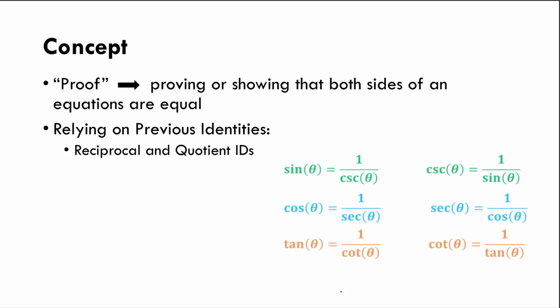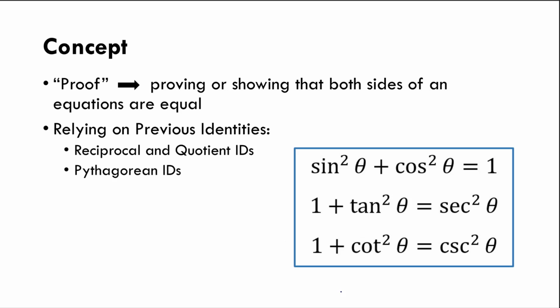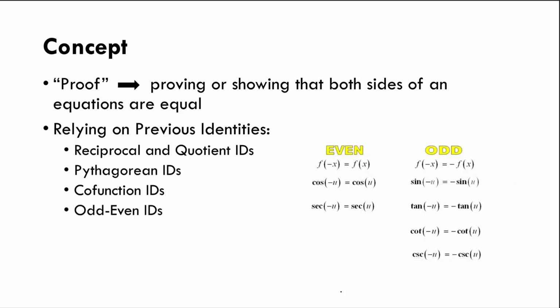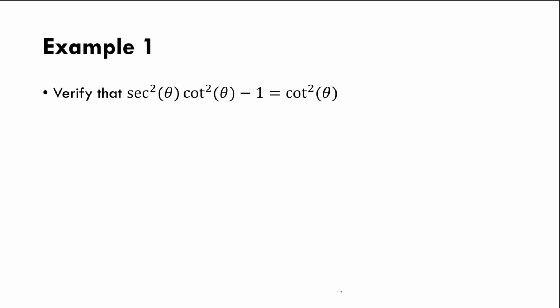Those identities include our reciprocal and quotient identities, our Pythagorean identities, our cofunction identities, and our odd and even identities. So if you don't understand those identities, make sure you go back and have a look. Make sure you completely understand what these identities mean, because that's what we're going to be using as our basis for today. So let's jump into an example right away.